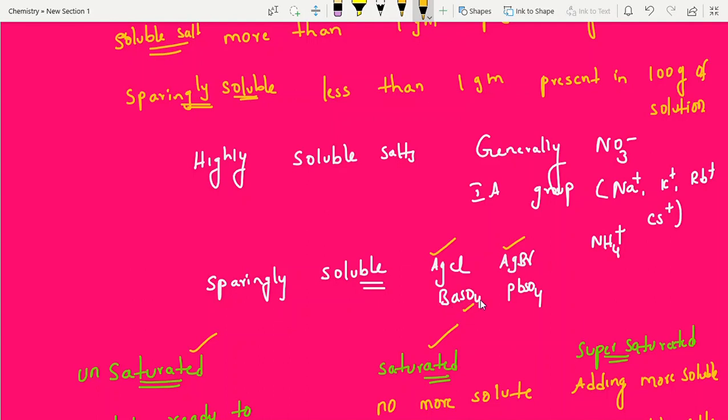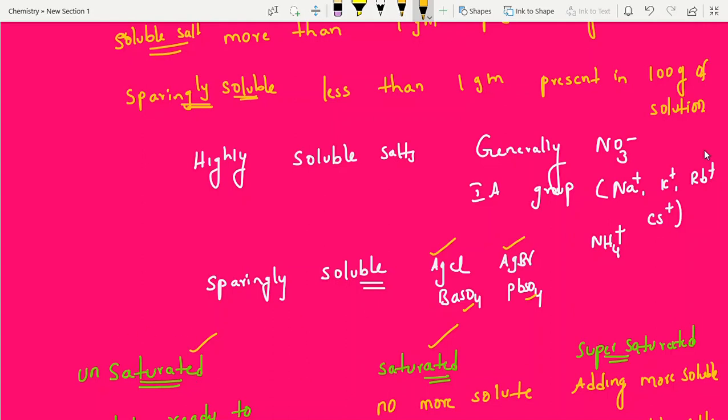Barium sulfate also, sulfates also are partially soluble. Okay, clear, students? And within the group also, suppose barium sulfate and beryllium sulfate, which is more soluble. Based on these questions, I have uploaded the chemical bonding part 3 video. You can watch it if you want more on the solubility concept.